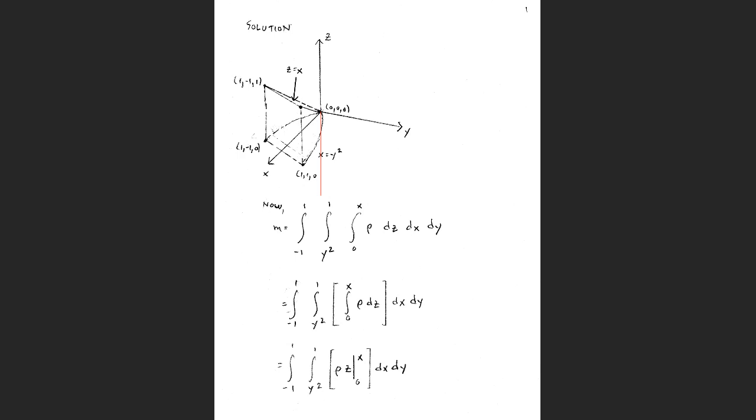We have to compute the moment about the XY plane. We can't use any symmetry to help us, and this solid is not a symmetric kind of solid. It's not like a cube or something of constant density. The density we're working with is constant in this case, but there's no symmetry in regards to that solid.